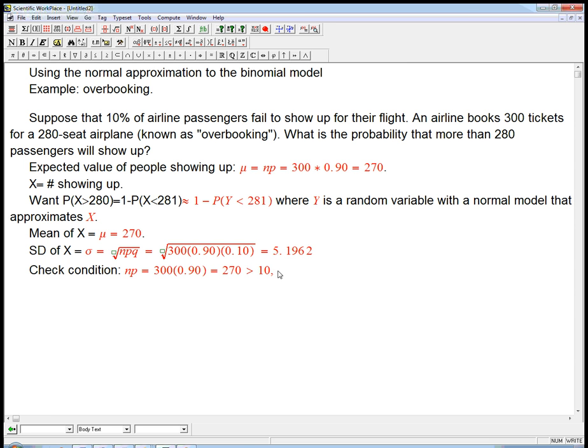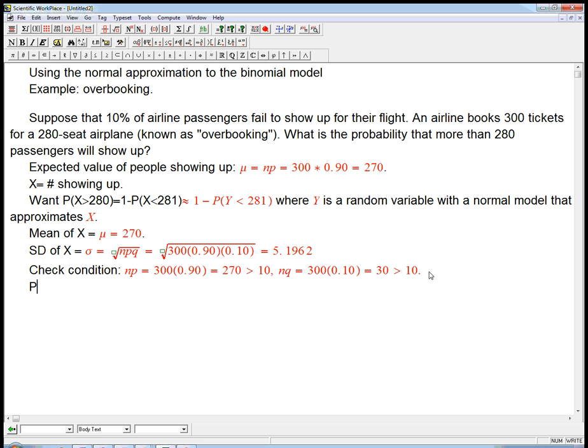The other thing you have to check is the expected number of failures, nq, which is 300 times 0.10, or 30. That's also greater than 10. There are various rules of thumb in the literature, but this is a pretty conservative one that our book suggests. If np and nq are greater than 10, we're pretty sure the normal is a decent approximation. So we're good, and now we just need to use the normal distribution.